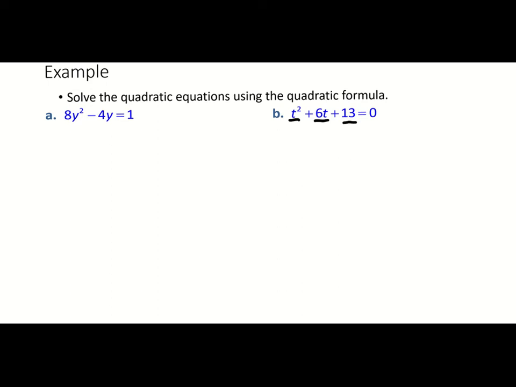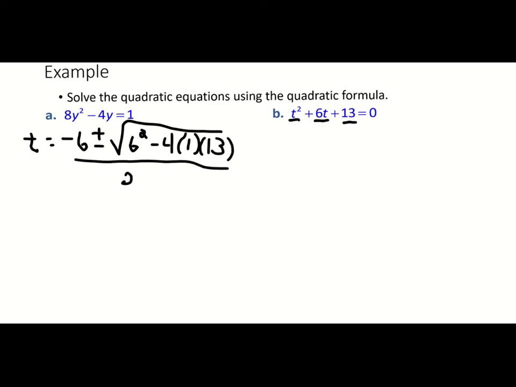So when I enter this into my quadratic formula, in this case it's not x, but t, is equal to the opposite of b, so it will be negative 6 plus or minus the square root of, we will do 6 squared minus 4 times 1 times 13 all over 2 times 1.